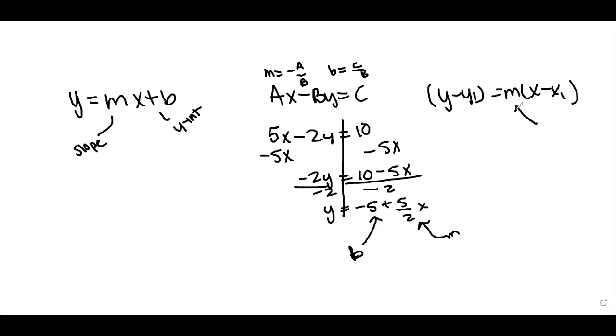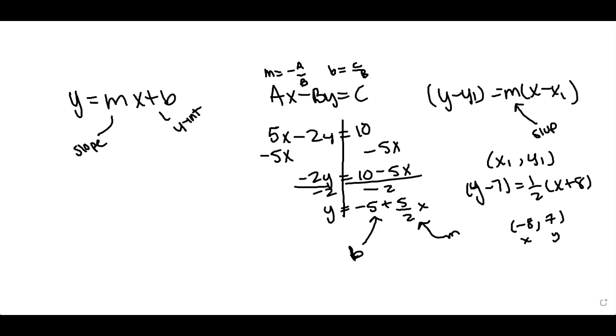Okay, m is slope here in point-slope form, but remember x1 and y1 is a point that it's giving you. But remember, it's opposite. So if it said y minus 7 equals 1/2 times x plus 8, the point it's giving you, x plus 8, is negative 8. y minus 7 is positive 7.